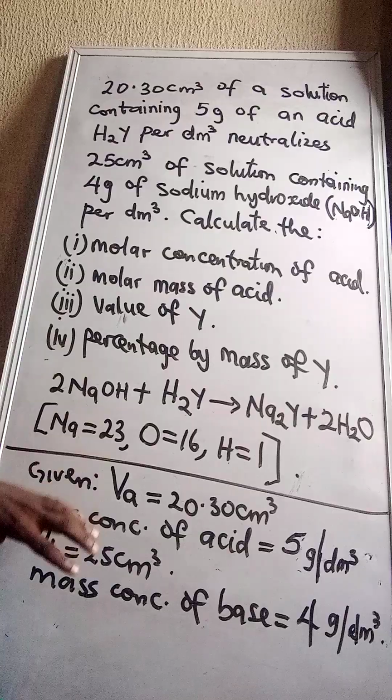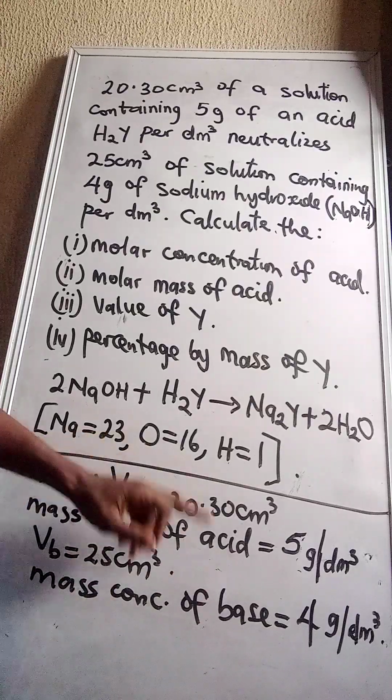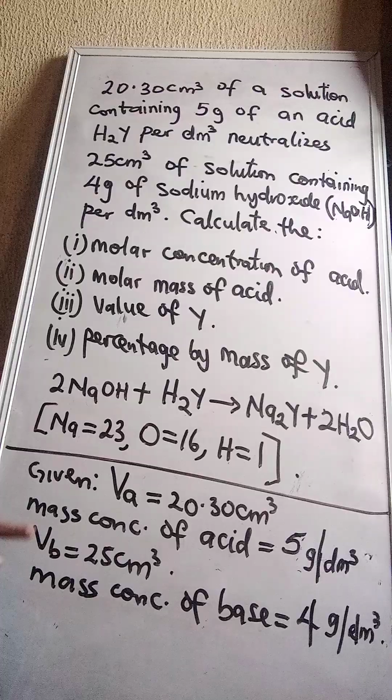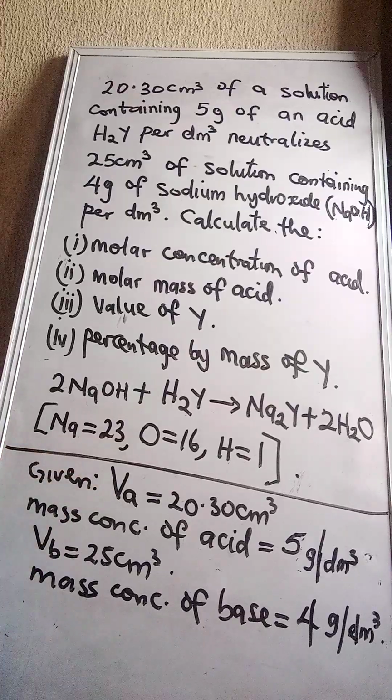So how do we now use them to get what we want? The first step is that we will look for where we have complete information. We notice that we have complete information on the base, but not on the acid, because we don't know the name of the acid, but we know the name of the base. Therefore, we start from the base.